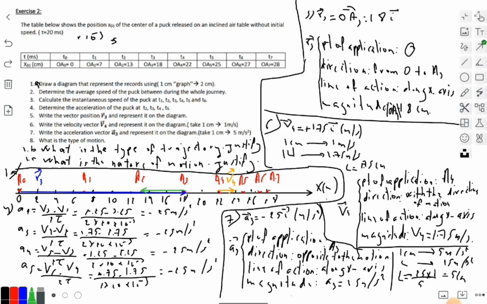So this is the A3 vector. We observe that the velocity vector and the acceleration vector have an opposite direction, so the motion is said to be decelerated.